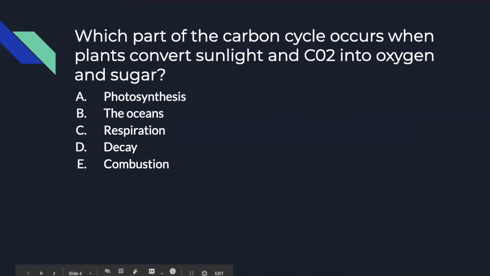Which part of the carbon cycle occurs when plants convert sunlight and CO2 into oxygen and sugar? So we have A, photosynthesis, B, the oceans, C, respiration, D, decay, or E, combustion. Jotting down your best answer.